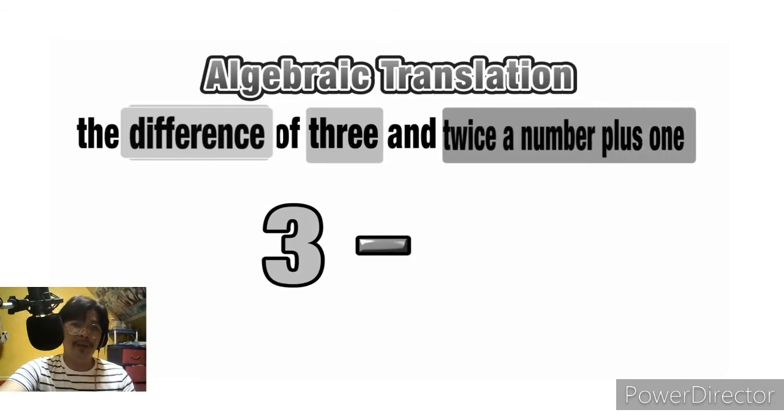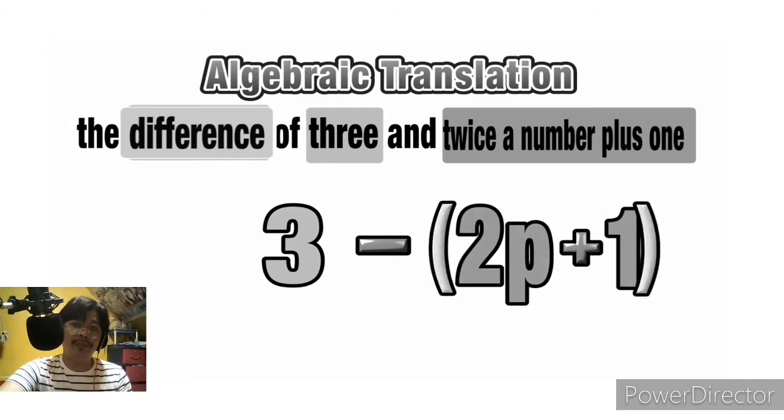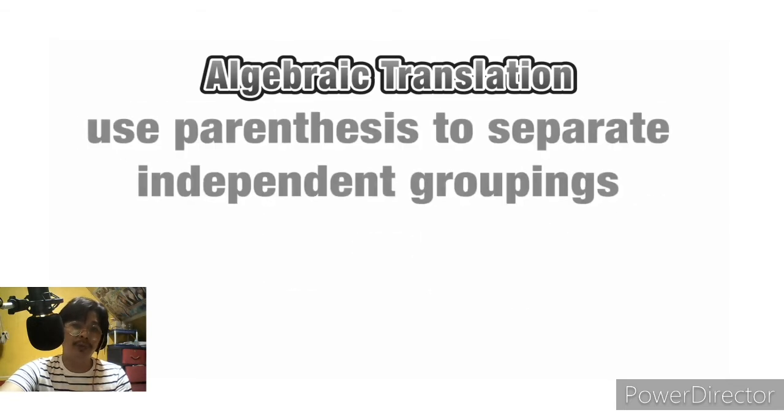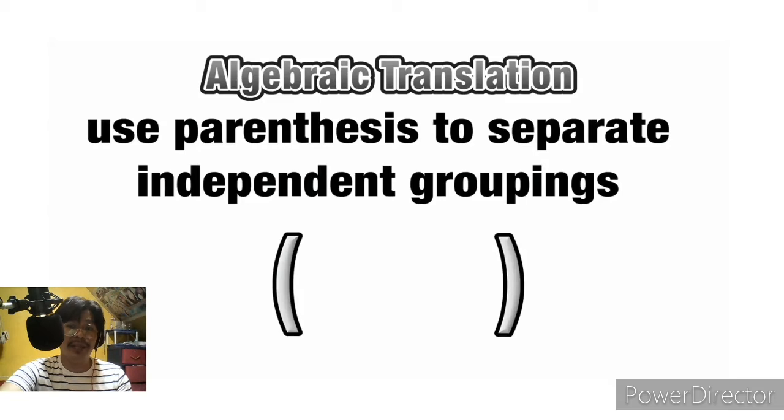So, halimbawa, we're going to replace a number by twice a number plus 1. So, a number, a while ago, represented by P, but we put it twice so that we have 2P plus 1. So, we have now used the parentheses to separate independent groupings. That is the purpose of the parentheses.